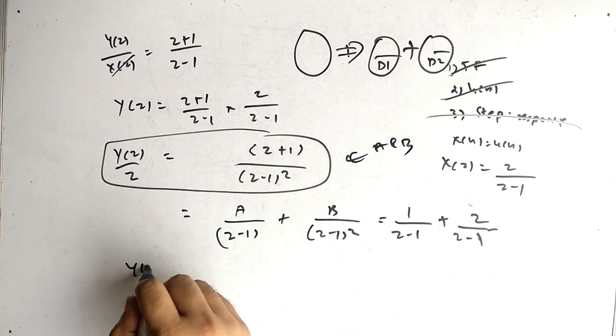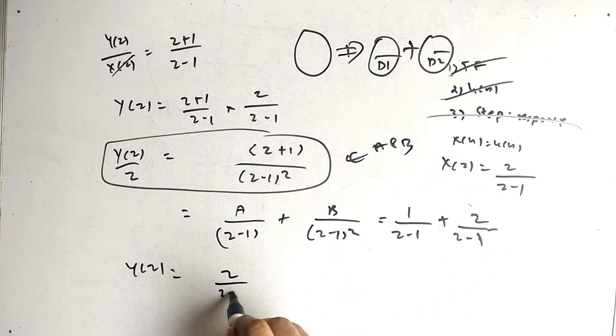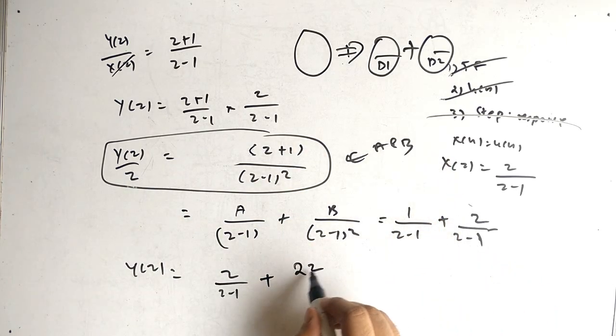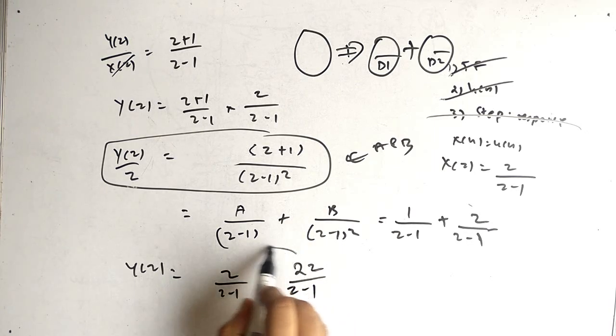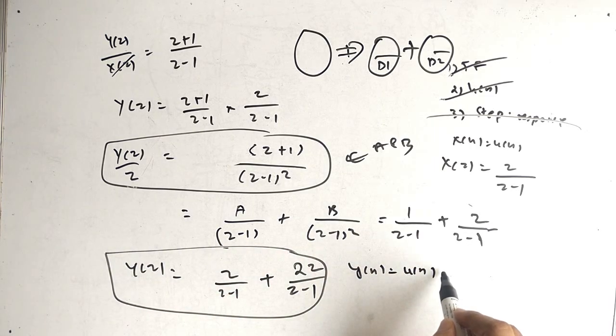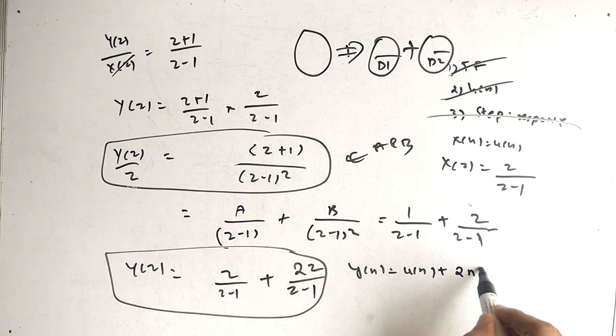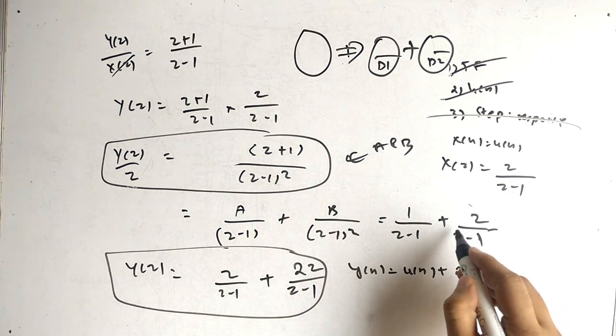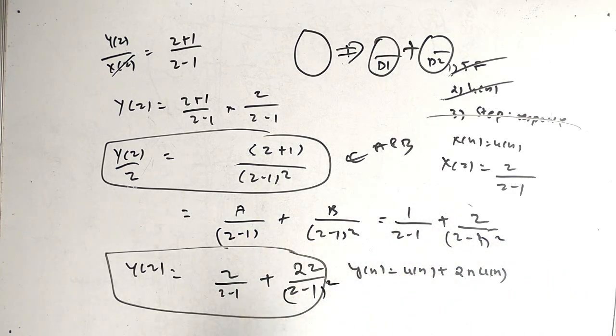So rearranging, y of z is equal to z by z minus 1, where this z has been multiplied on the right-hand side, plus 2 times z by z minus 1 the whole square. Now you can happily take the inverse of this. So y of n is equal to u of n plus 2 times n times u of n. Because of this square we have the n term.